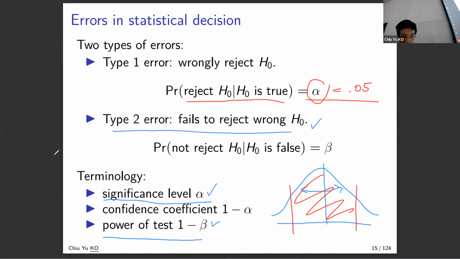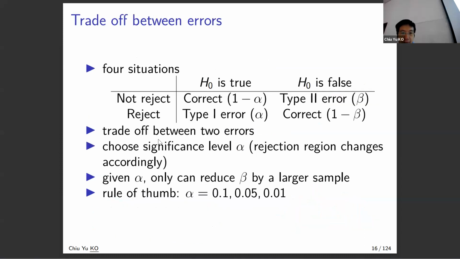Okay. And to give you a more concrete idea, you can look at this table. If the defendant is innocent and you let him go, you make the right decision.